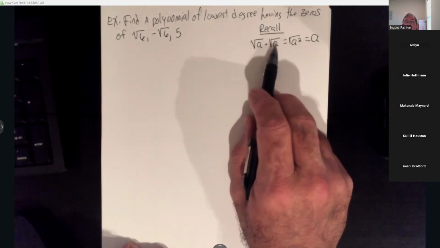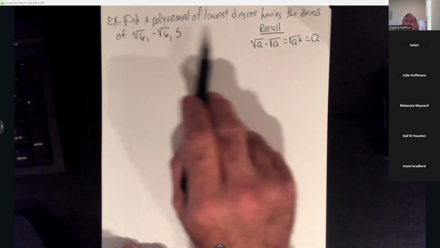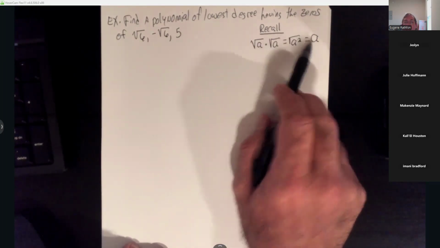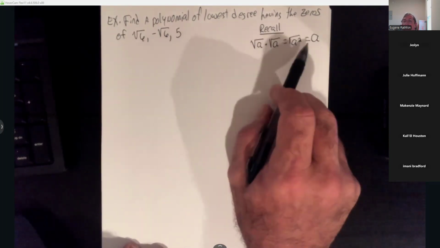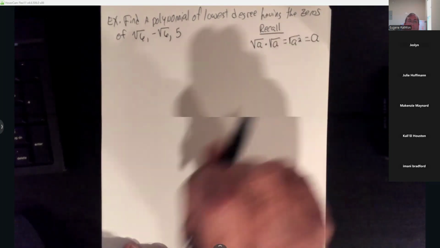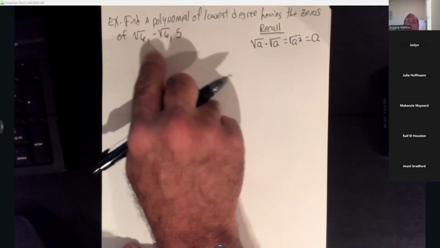Square root of 5 times square root of 5 equals 5. In my case, square root of 6 times the square root of 6 equals 6. So if you square a radical times itself, it equals the number under the radical, okay? All right, so that's going to help us in this section.